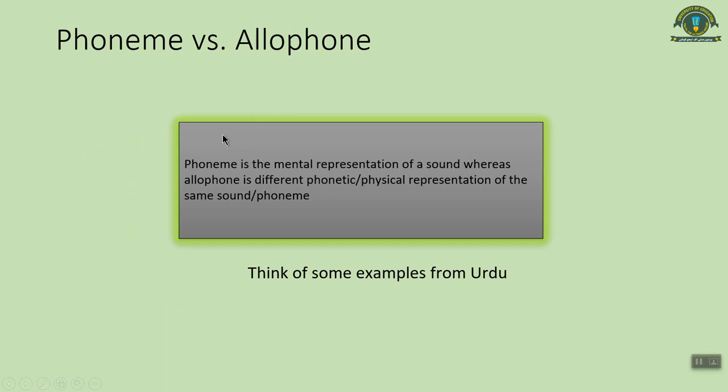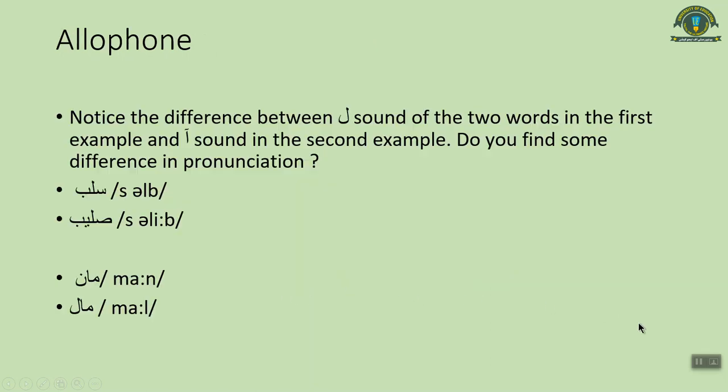Now, to sum up: a phoneme is the mental representation of a sound, whereas an allophone is a different phonetic or physical representation of the same phoneme. So now you have to think of some examples from the Urdu language, and I have also given some examples of the Urdu language here. Again, the examples of the l sound.